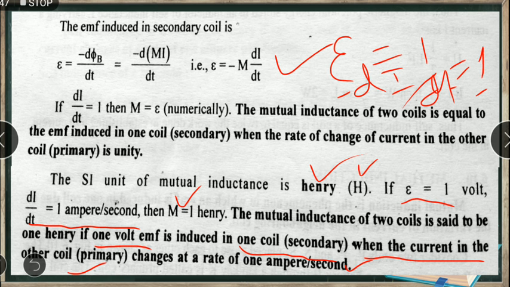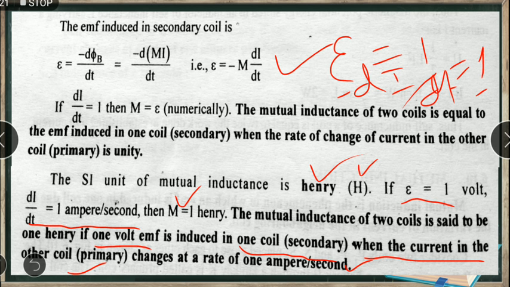So in mutual induction, you should carefully remember the concept that in the primary coil the current always varies, and in the secondary coil the induced EMF occurs. Due to variation of the current in the primary coil, EMF will be induced in the secondary coil. That is what the mutual induction concept says. You should remember that concept very carefully.